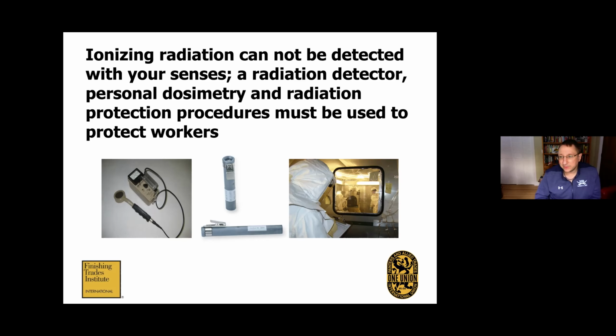We can talk about this more in another class, but if you're working around this stuff, it's very important that you're measuring how much of a dose you're getting. This has to be set up by an employer. They will have a health physicist responsible for worker protection, health physics protection, et cetera.